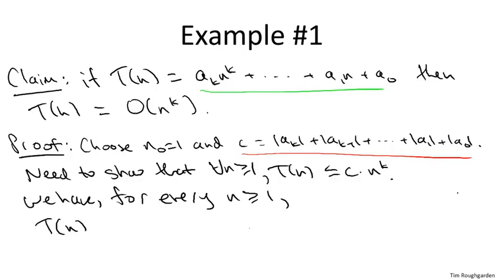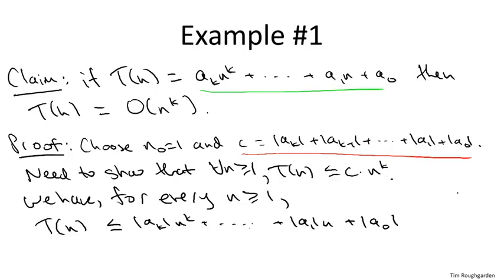Now, n here we know is at least 1, so if any coefficient flips from negative to positive, then the overall number only goes up. So if we apply the absolute value to each of the coefficients, we get an only bigger number. So T of n is bounded above by the new polynomial, where the coefficients are the absolute values of those that we had before.